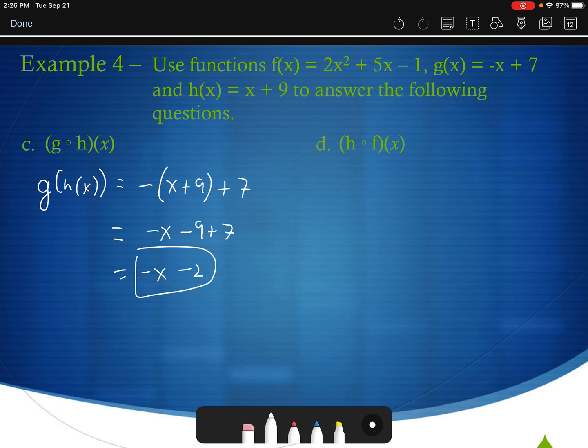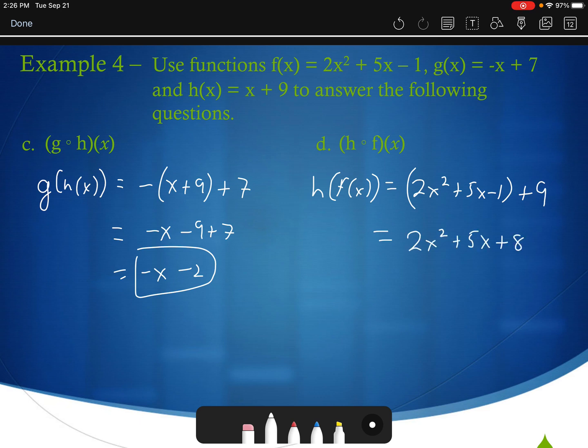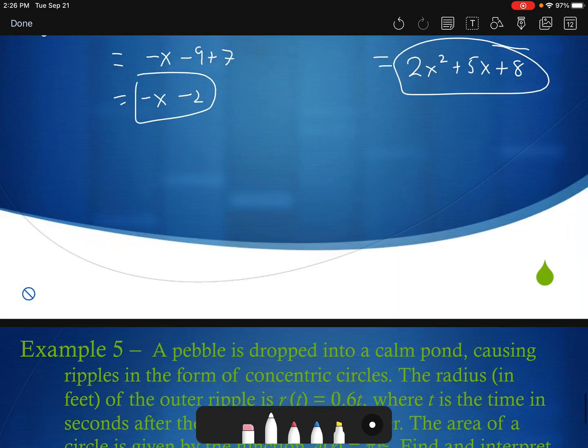How about h of f? So f is going into h. So we're going to take f, 2x squared plus 5x minus 1, substitute it in for our x in h, and then we're going to add 9. So 2x squared plus 5x plus 8.